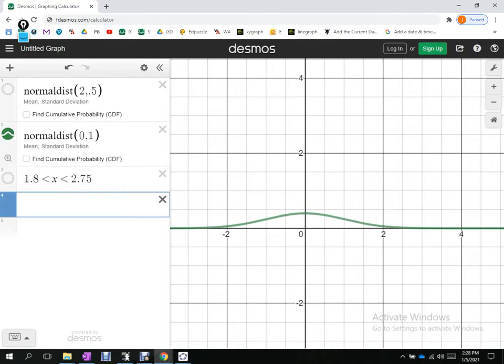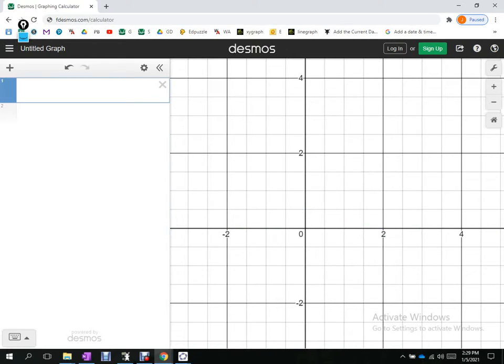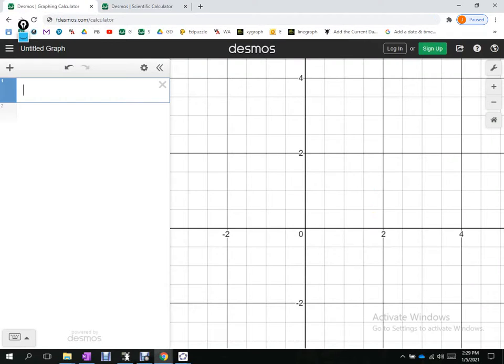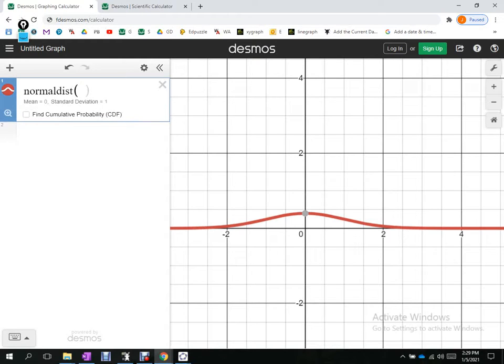Anybody have questions on how to do that with GeoGebra? Okay, using Desmos. I don't think it will work in the scientific calculator. If I go normal distribution, 0, 1, it doesn't do anything. So it has to be the graphing version, but if I type in normal dist for normal distribution, it defines automatically.